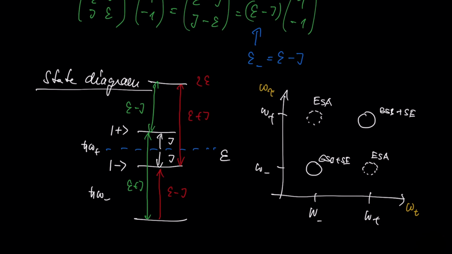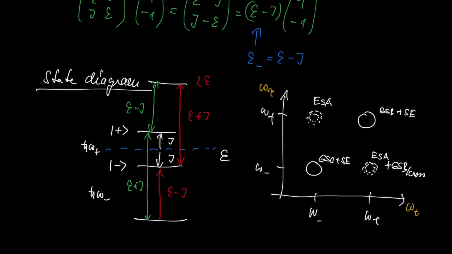That is, we first address the state plus and then we address the state minus. So that signal will appear here, and that's the ground state bleach, but let's call it cross. So that's one signal which involves both plus and minus states. And the same situation occurs also here.